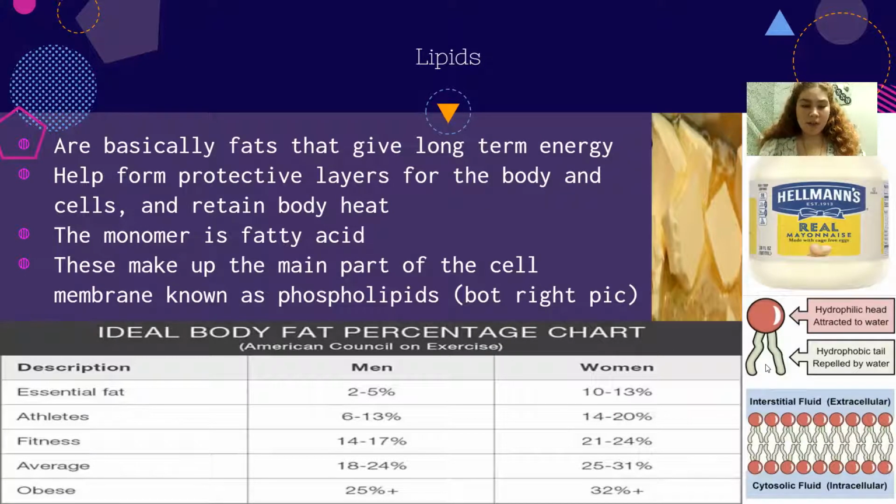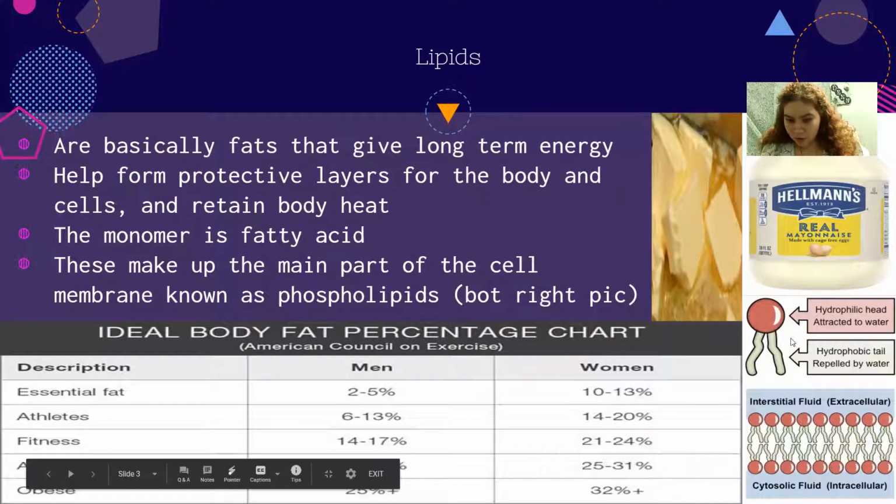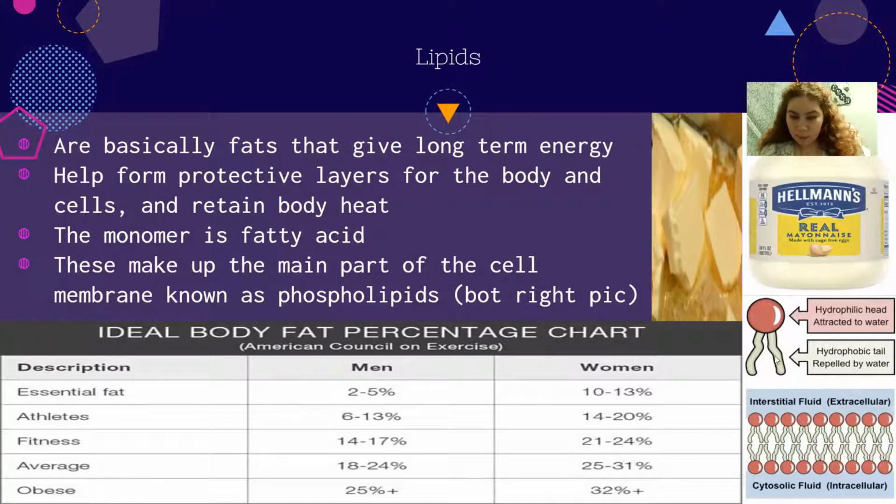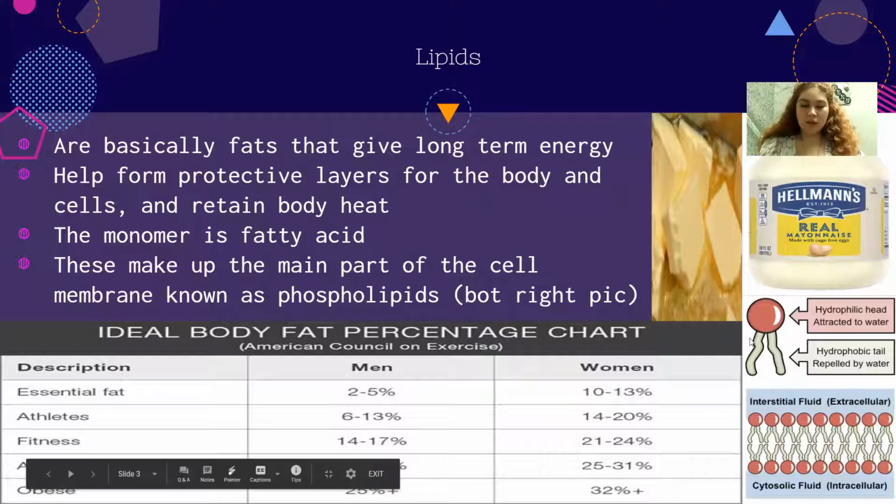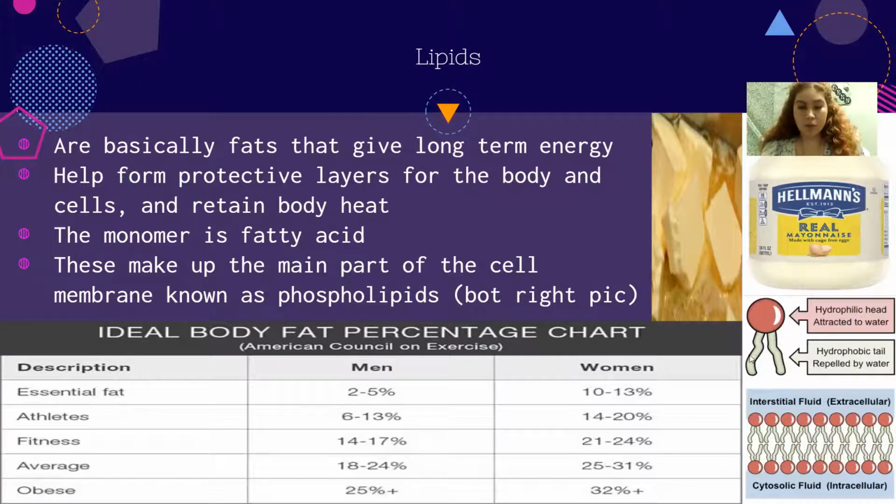The monomer is a fatty acid, and you can see a fatty acid example kind of over here. Not so much this top part of this structure, but the bottom legs. So this is a phospholipid. It has a phosphate head and little lipid tails. These fatty acids here are the building blocks of lipids.